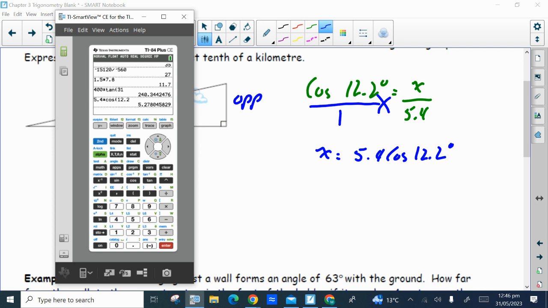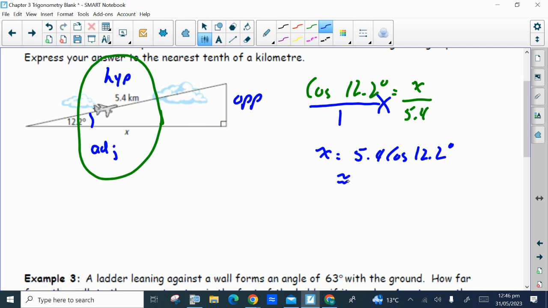So to the nearest tenth of a kilometer, that plane would have traveled 5.3 kilometers along the horizontal. Because the angle is so small, 12.2 degrees is pretty small, the distance along the base of the triangle is very close to the hypotenuse. But it can't be the same as the hypotenuse because the hypotenuse always is the longest side.